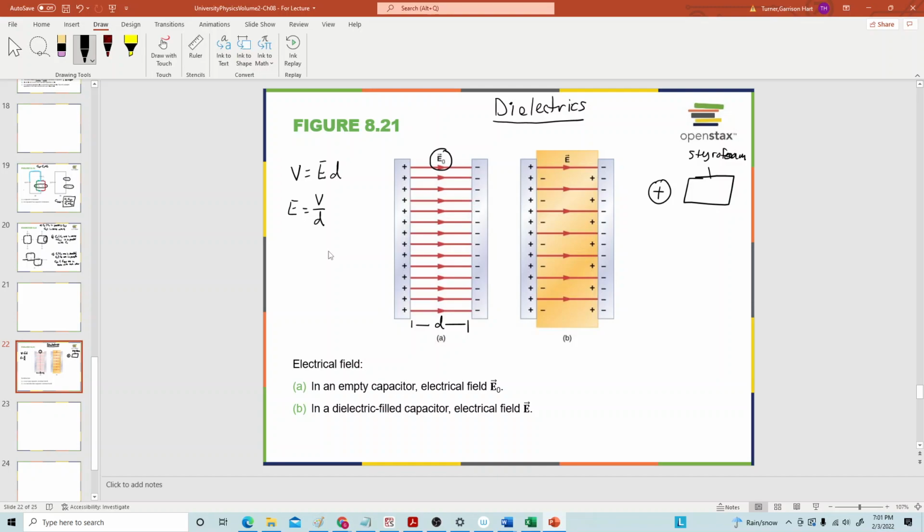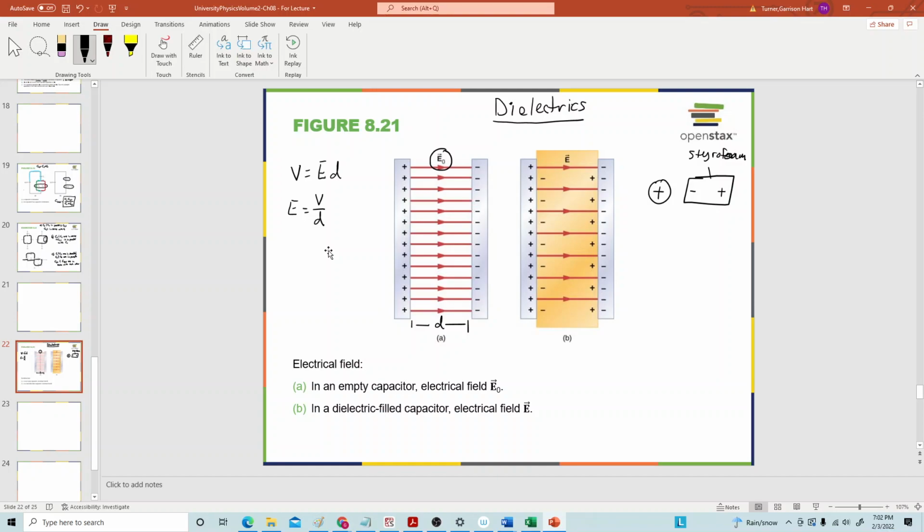But the attraction from this positive charge will still rearrange some of the charges inside the styrofoam. And so when I put an insulating material in between my two capacitor plates, I get the same kind of effect.